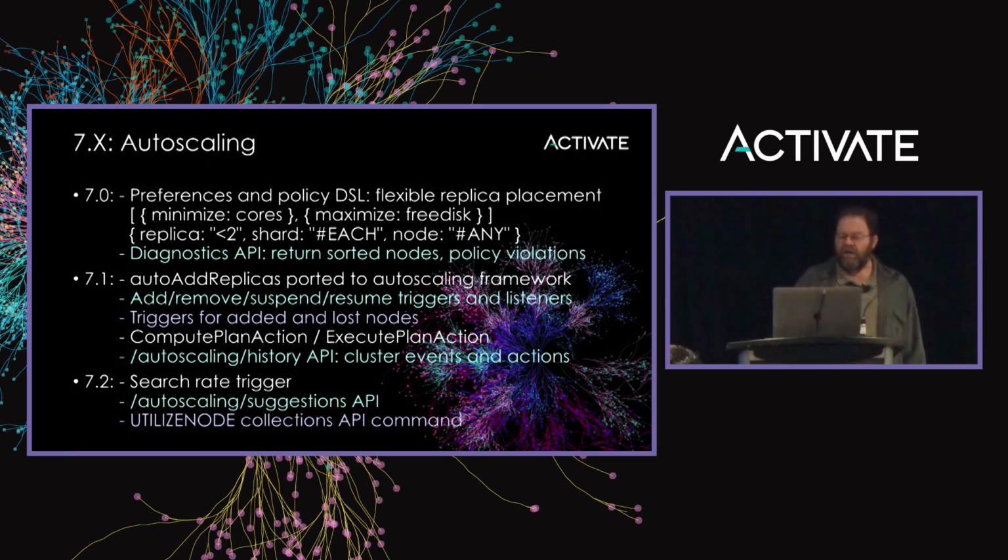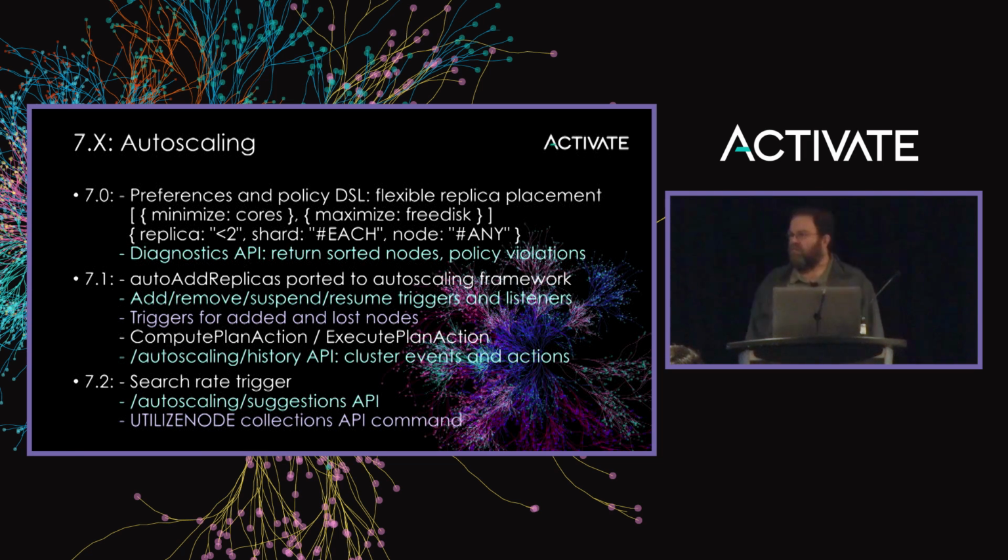The second line there is a policy rule, and it says on any node, for each shard in a collection, there can't be more than one replica, so that less than 2 means that. So a node can host either 0 or 1 replicas when this policy rule is in effect.